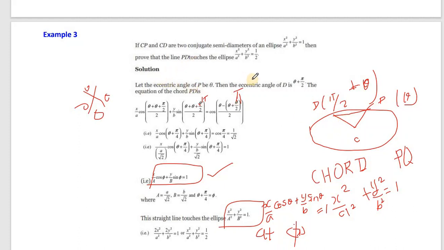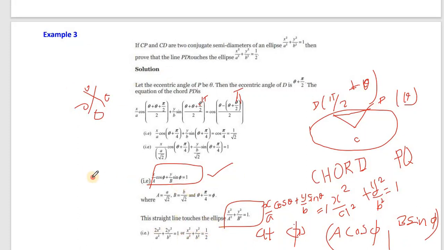We are asked to show the PD touches the ellipse. So phi is a point on this one, right? So that is a cos phi, b sin phi. So it is the equation of the tangent to that ellipse at the point a cos phi, b sin phi. So it is in that form. So we easily conclude that PD touches.